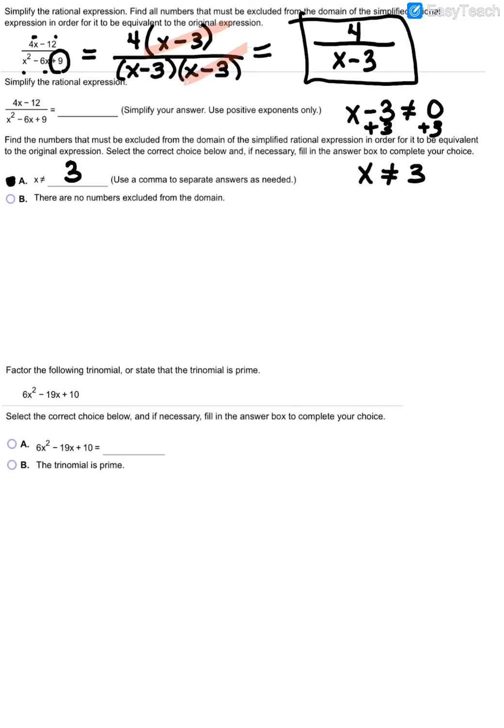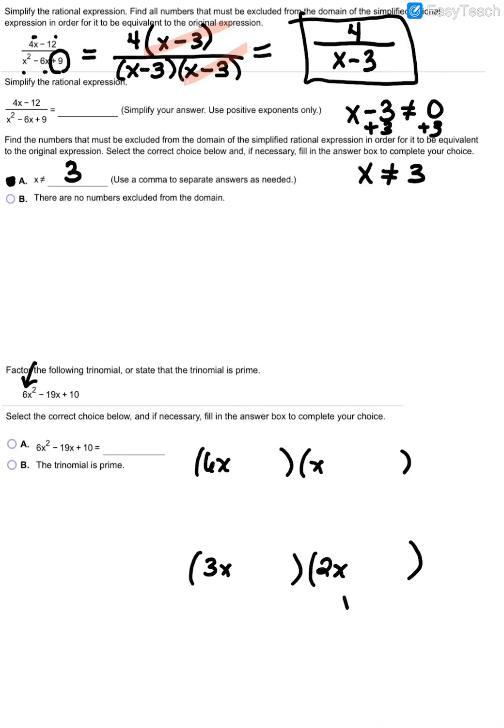Finally, when you're asked to factor a trinomial such as this, I typically just use a trial and error method. And so when you're thinking about breaking up, first of all, the 6x squared, you've got two possibilities. You could have a 6x and a 1x, or you could have a 3x and a 2x.